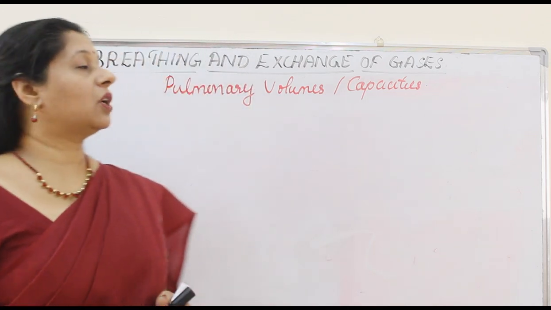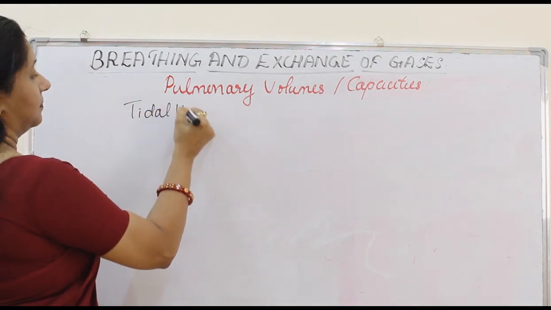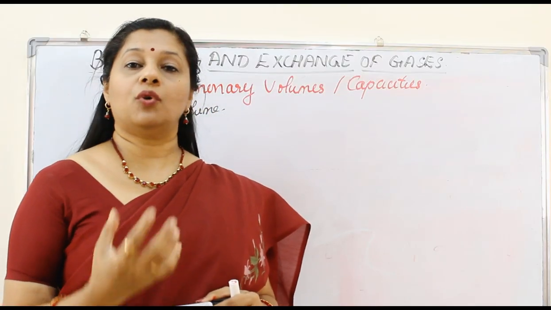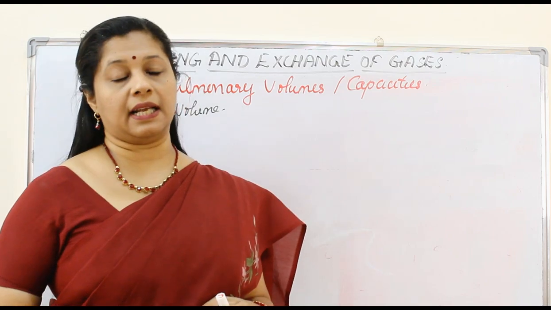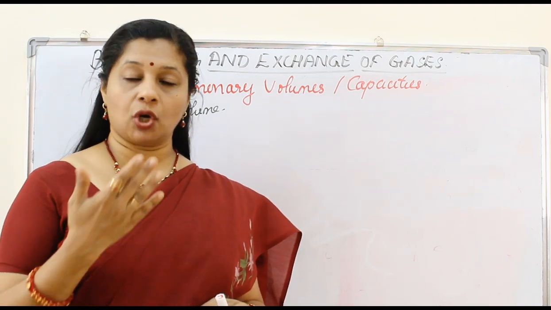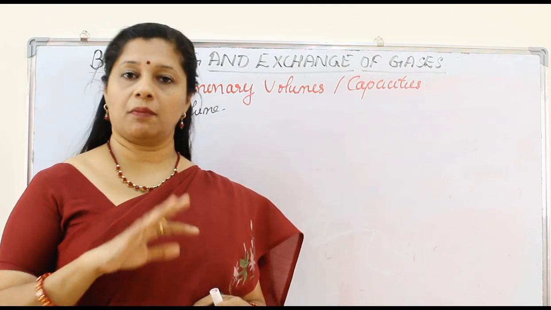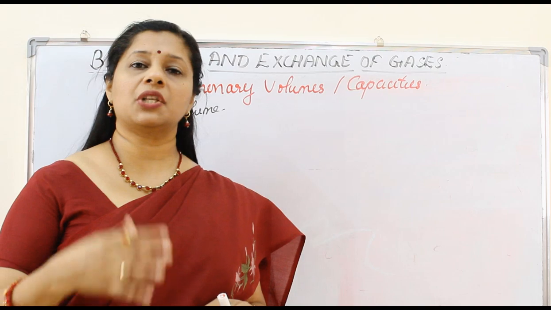The first one we are talking about is tidal volume. It is nothing but the volume of air inhaled or exhaled during a normal inhalation or exhalation. Suppose I am normally breathing, normal, passive, okay? Means I am not taking extra effort. It's naturally happening.